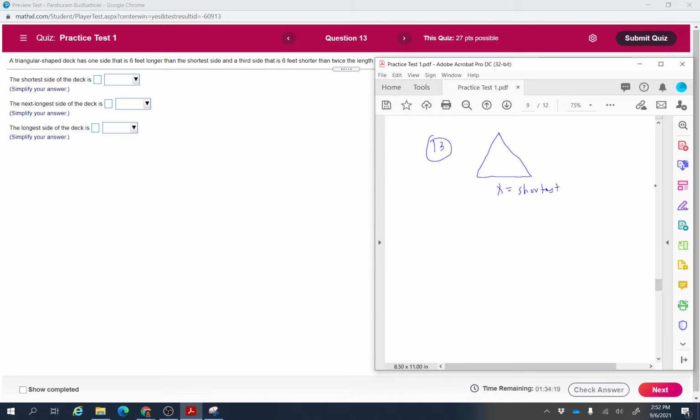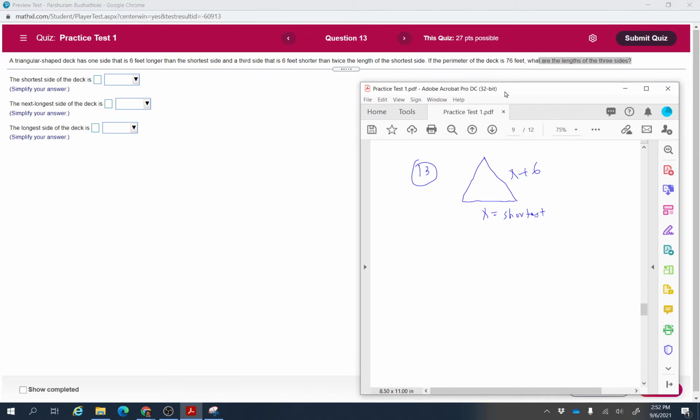Then, according to the information given here, another side is 6 feet longer than the shortest one. So that should be x plus 6. And then the third one is 6 feet shorter than twice the shortest side. So twice the shortest side is 2x, and 6 feet shorter means you have to subtract 6 from that 2x. So these are the dimensions of the three different sides of this triangle.